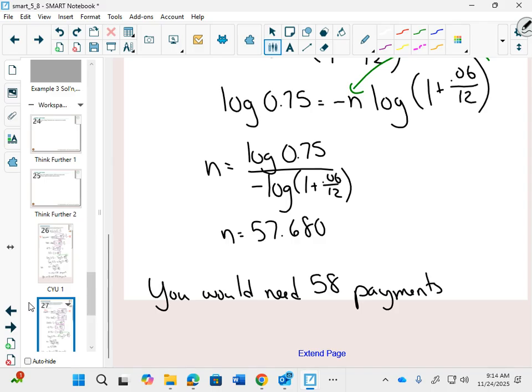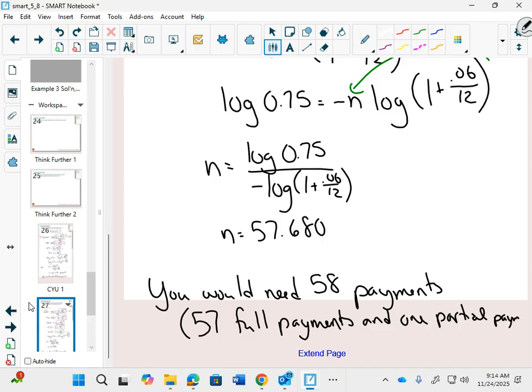You need 58 payments. What they would actually do is charge you 57 full payments and 1 partial payment. So our last payment would be a little bit less.